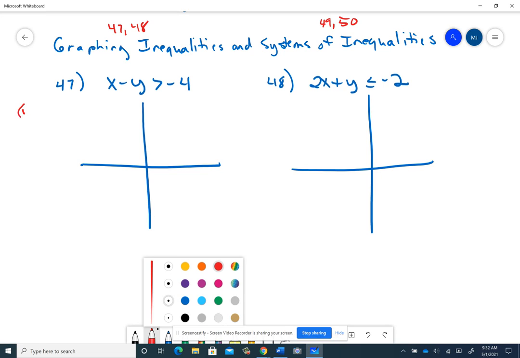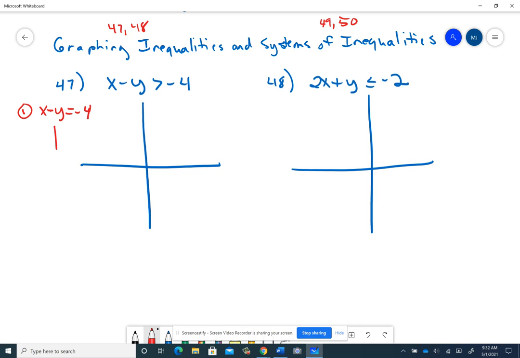So remember, that's a two-part process. You start by finding the boundary, graphing the equation, x minus y equals 4. So if I put a 0 in for y, x would be -4. If I put in a 0 for x, -y would equal -4.